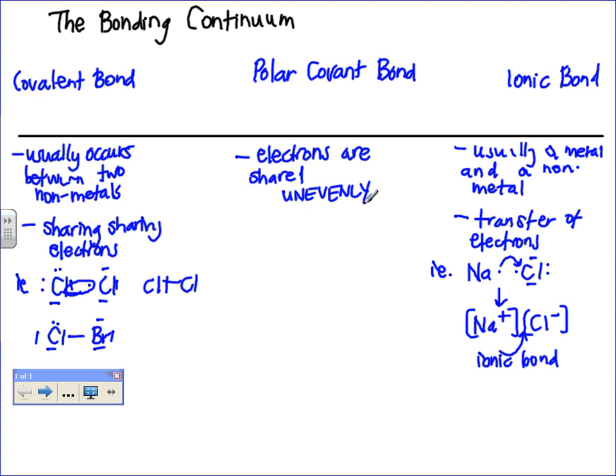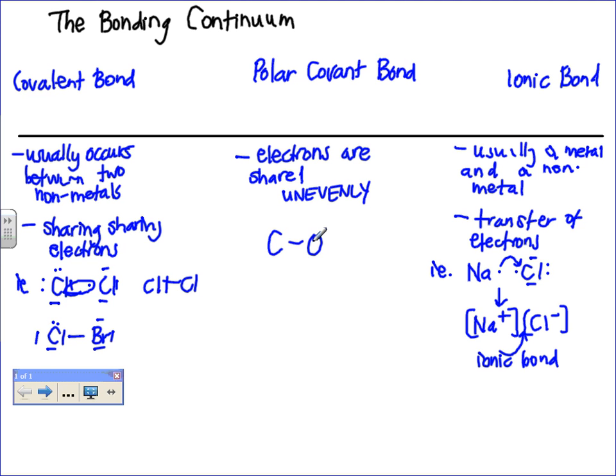Now what this is going to do is cause the actual molecule to have a slightly positive and a slightly negative end. What I'm going to do is use an example, and I'm going to show you afterwards how you actually decide which type of bond you're going to have. So for this example, we're going to work with carbon and oxygen. This is a classic polar covalent bond.